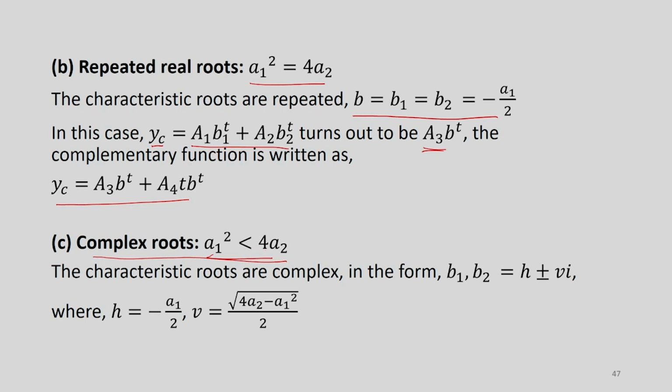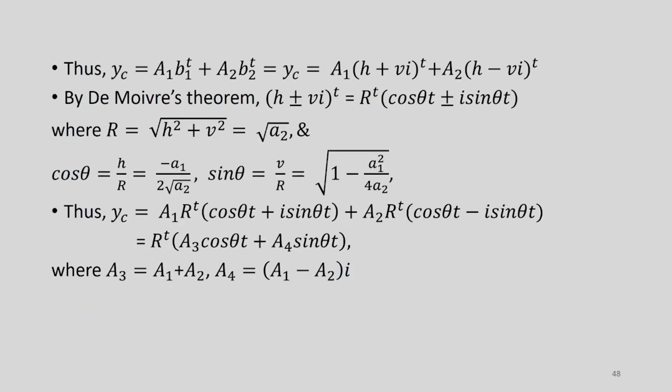In this case, the characteristic roots are complex in the form b1 and b2 is equal to h plus minus vi, where i is the imaginary number, h is equal to minus a1 divided by 2 and v is equal to root over 4a2 minus a1 square divided by 2. So, therefore, the complementary function is a1 b1 to the power t plus a2 b2 to the power t, and I know b1 and b2 are these h plus minus vi. So, I can write them and it turns out to be like this.